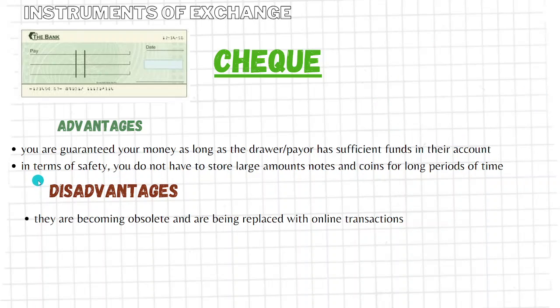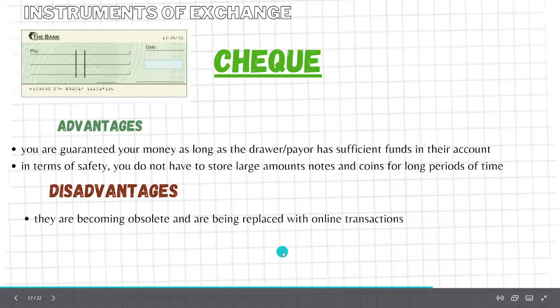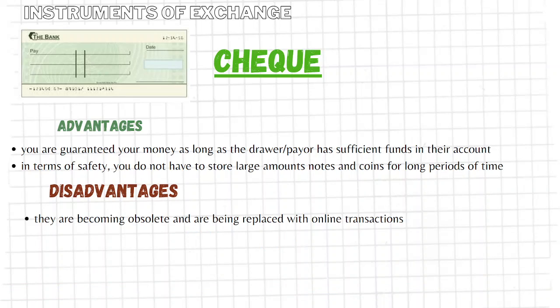In terms of safety, you do not have to store large amounts of notes and coins for long periods of time. And the disadvantage is that they're becoming obsolete and being replaced with online transactions. As I was mentioning earlier, we could just transfer money from one account to somebody else's account without the use of paperwork.